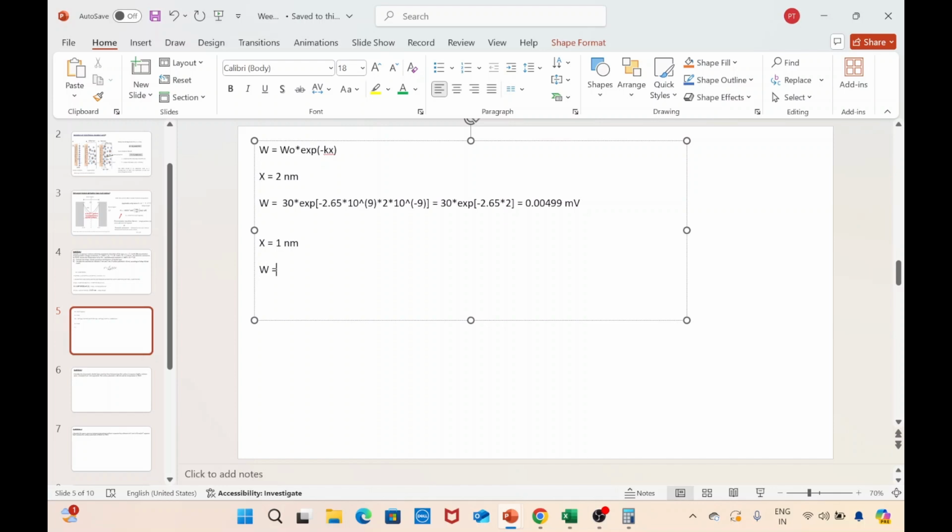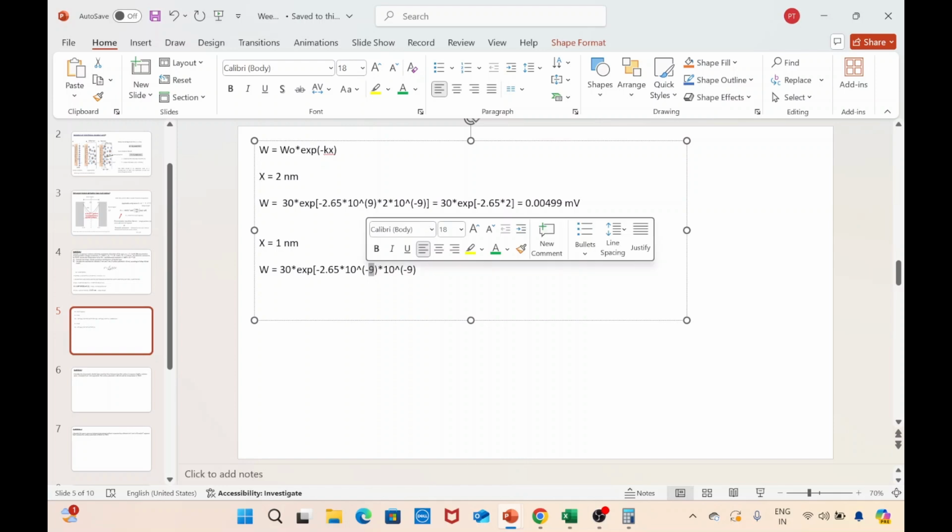So your potential at 1 nanometer distance from the surface will be the surface potential times exponent of minus 2.65 times 10 to the power 9 times 1 nanometer, which is 10 power minus 9. So this is nothing but exponent of minus 2.65.